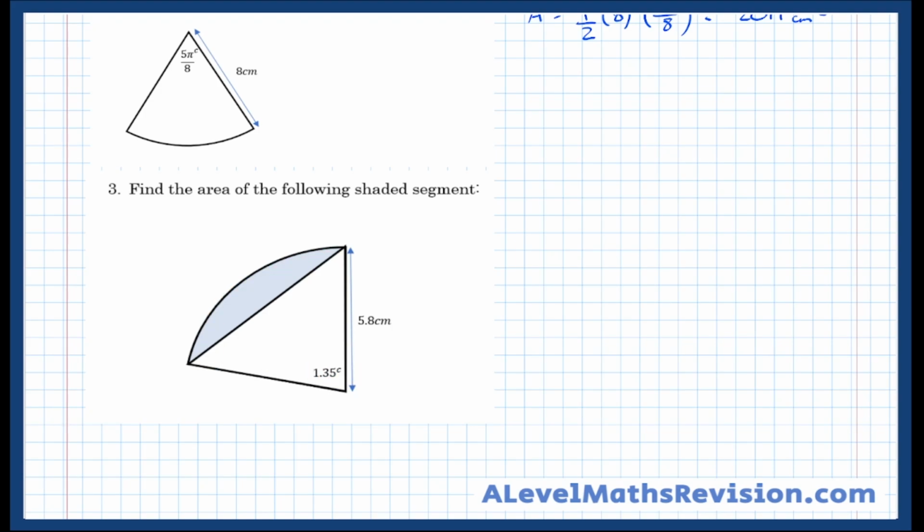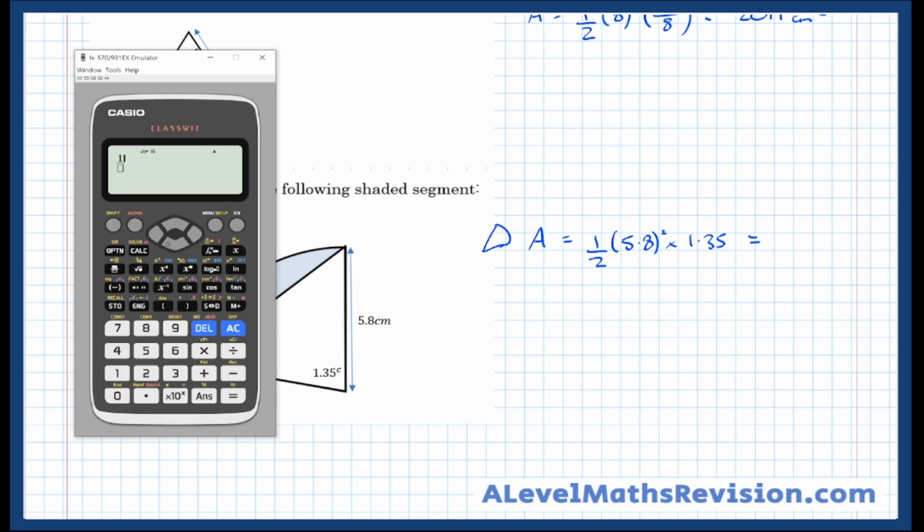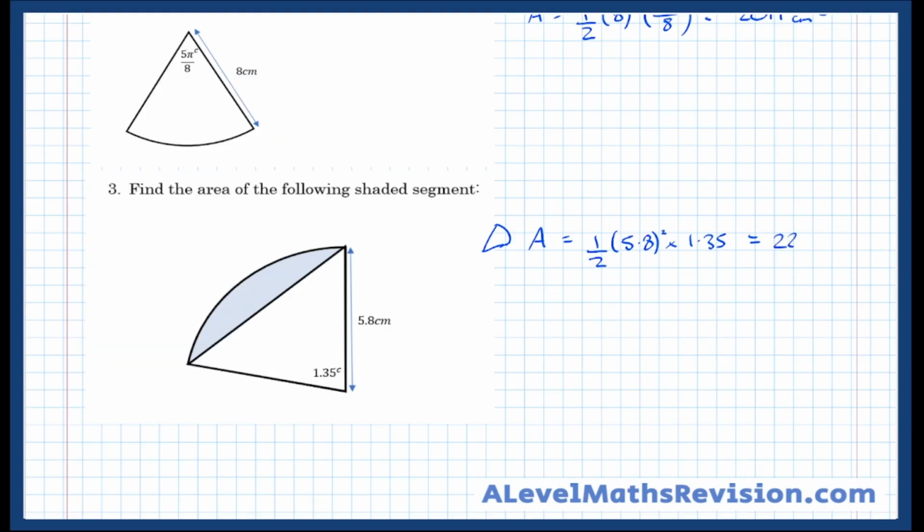So we know the new formula when it's measured in radians is a half, and let's be clear that I'm doing the sector here, a half times r squared times theta equals, a half times r squared times theta equals 22.707.